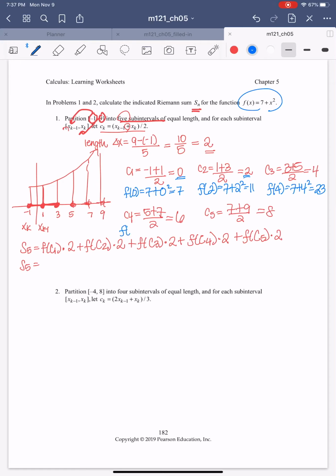And so on. F of 6 will be 7 plus 6 square, which is equal to 43. And lastly, we have F of 8 is equal to 7 plus 8 square, which is equal to 71. Okay.